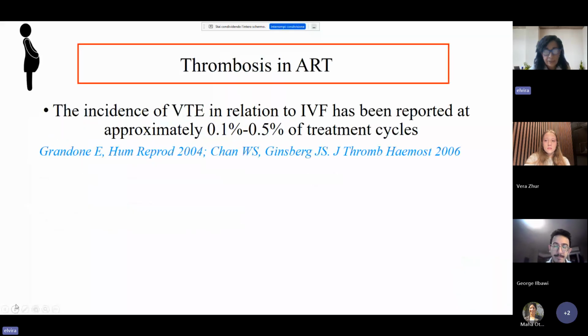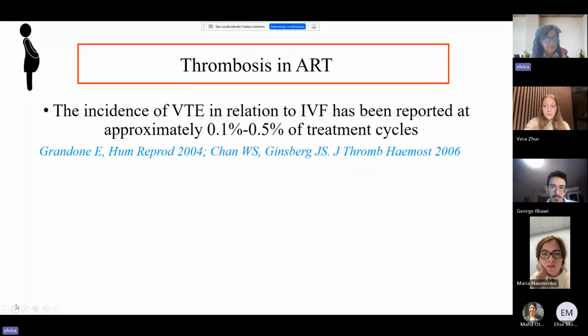The incidence of venous thromboembolism, defined as the occurrence of venous thrombosis with or without pulmonary embolism, in relation to assisted reproductive techniques in general, or to IVF, that as I said is the most common technique, has been reported about 0.1% to 0.5% of all cycles, meaning that the overall incidence is low.